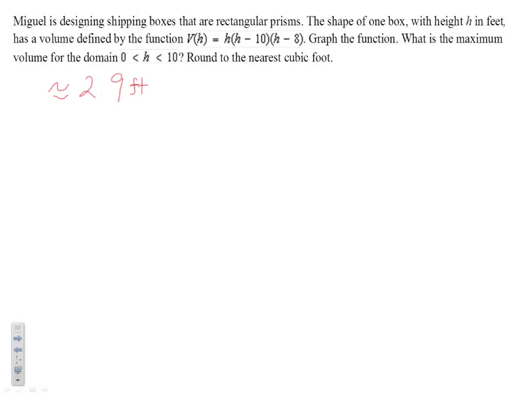And a volume of approximately 105.03. So when you solve that, that's what you should get.